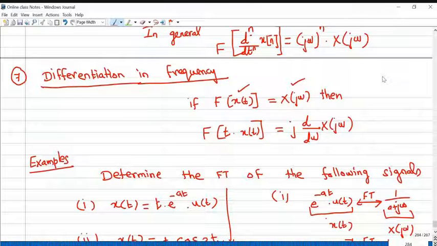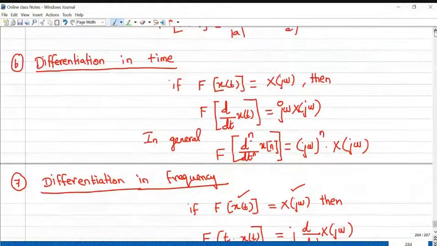So I'll give you one example for time domain, d by dt of x of t. Okay. And no examples are available. Okay. Right. So we'll move on to the next property.